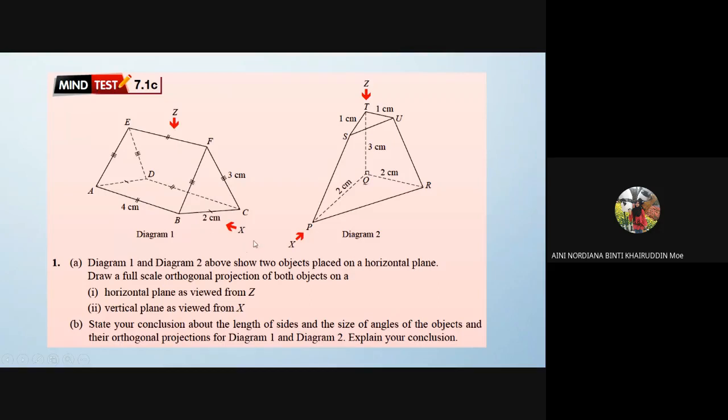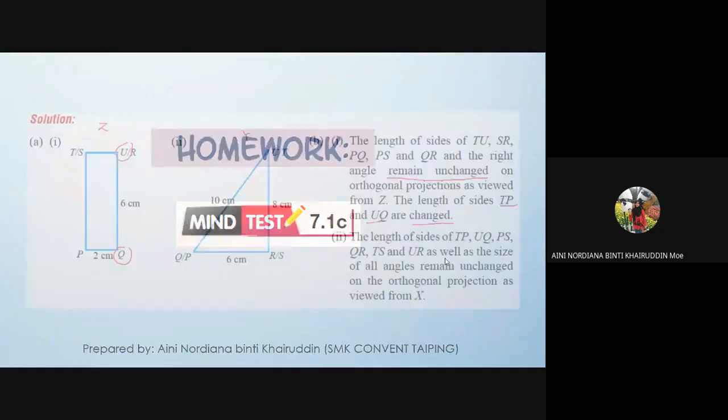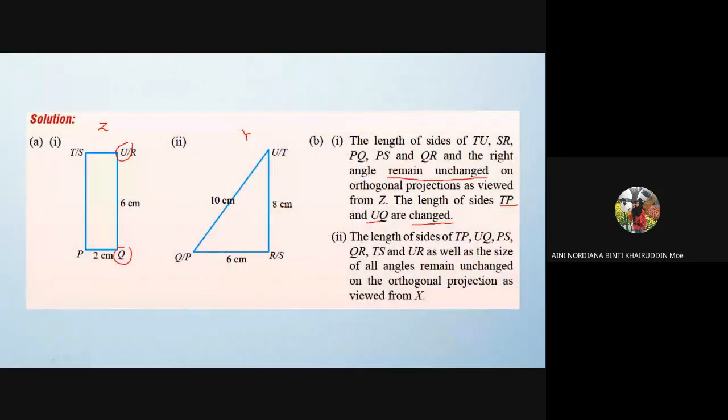View from Z and view from X, meaning one diagram you need to draw two orthogonal projections. And then you need to state your conclusion about the length of side and size of angle. Macam ni tadi. You can explain which length remain unchanged, which length change.